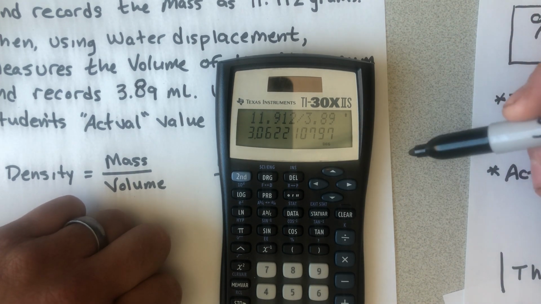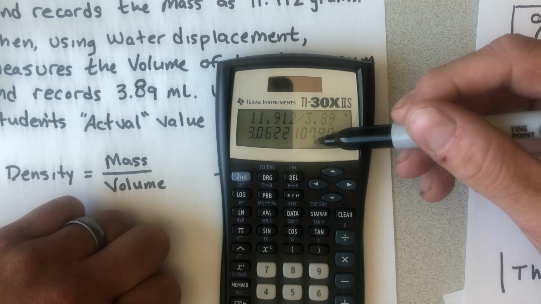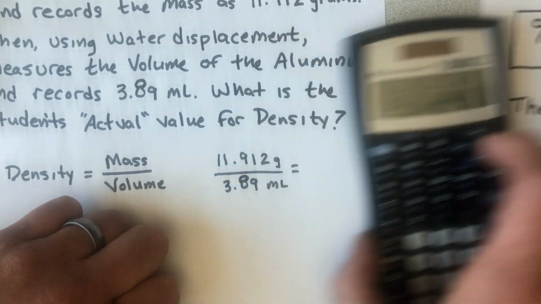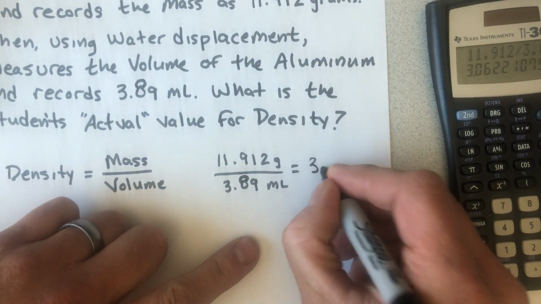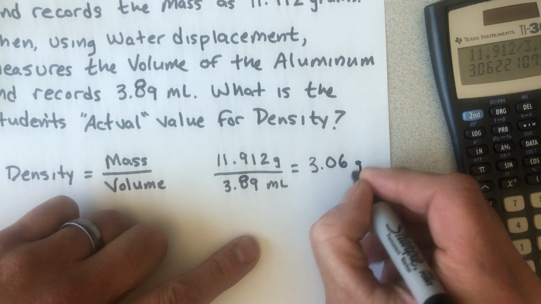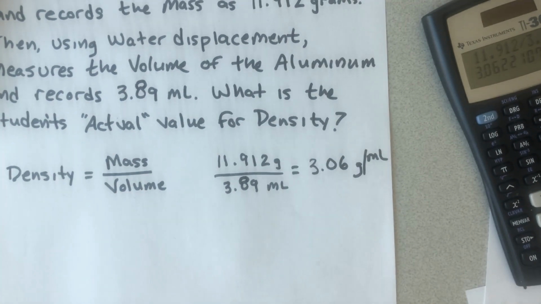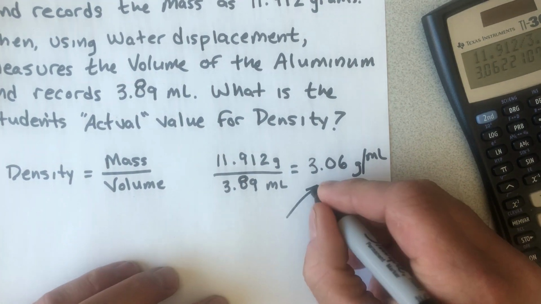That is not the answer you want to have. We've got to round that to 3 significant figures, which is 3.06. Okay? That's grams per milliliter. All right, so that is our actual value.